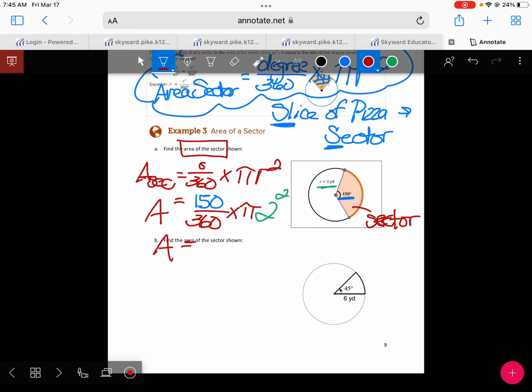So everybody grab your calculators. Take 150 divided by 360. Everybody should be practicing this. 150 divided by 360 times pi times 2, and then hit the x squared button, which is to the left of 7.